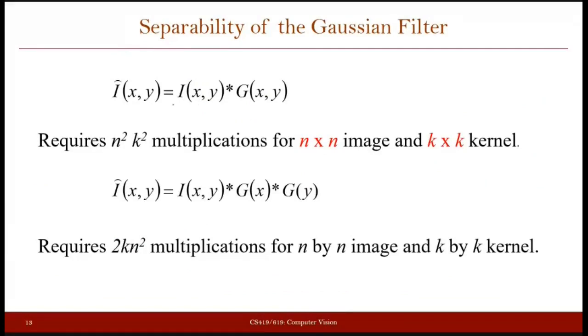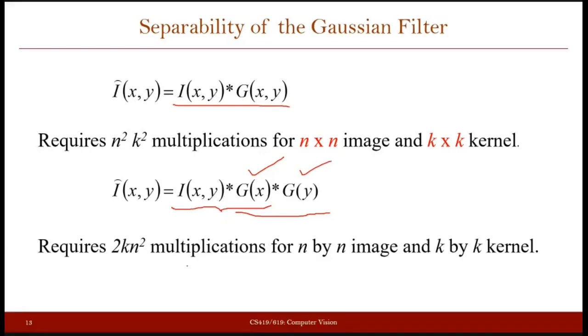Ixy is being convolved by Gxy, and if we are able to write Gxy as Gx into Gy, then this is nothing but saying that the original image Ixy is being convolved first by filter Gx and then by filter Gy.